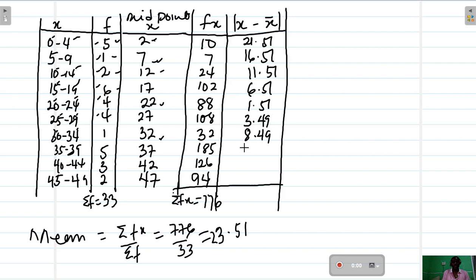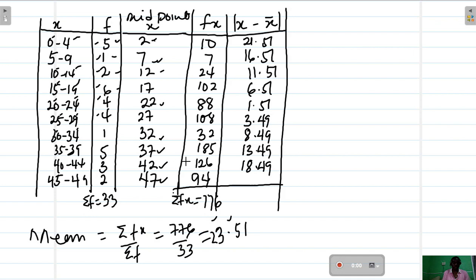Then we come to this side, minus the mean, which is 37 minus 23.51. We will get 13.49. Then 42 minus the mean, so 42 minus 23.51, we also get 18.49.